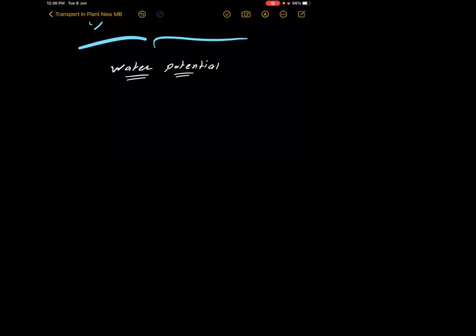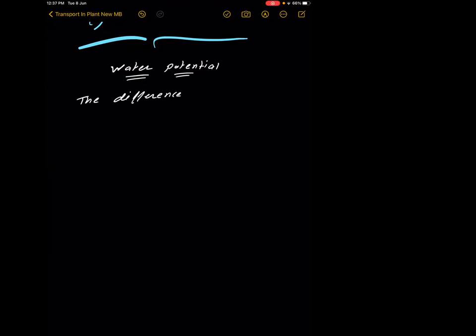Here, if we are putting two different solutions, this is the difference between the free energy of water molecules in pure water.